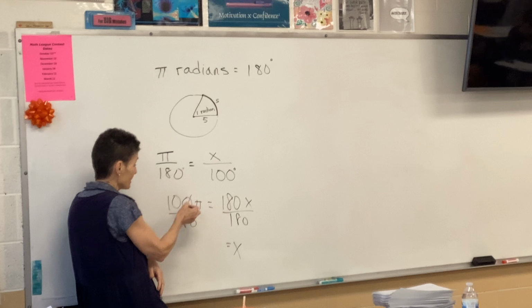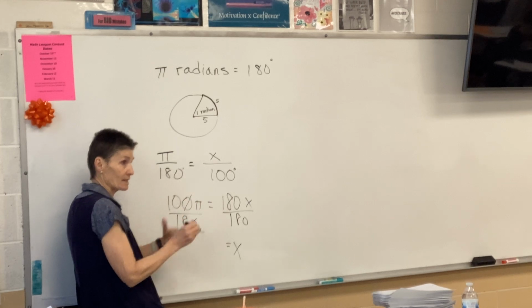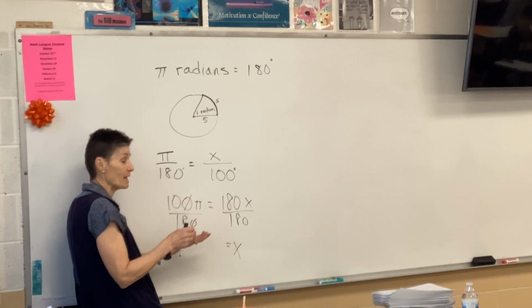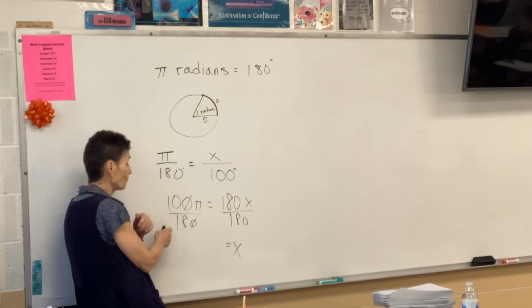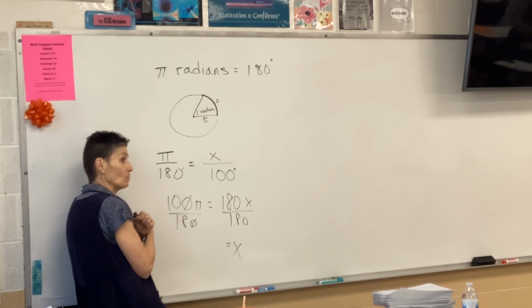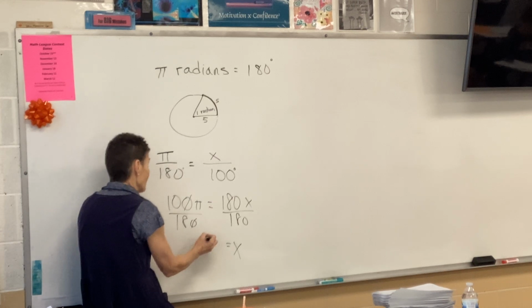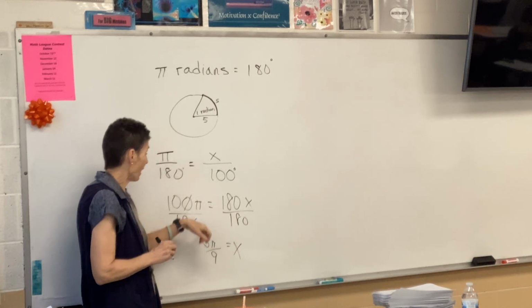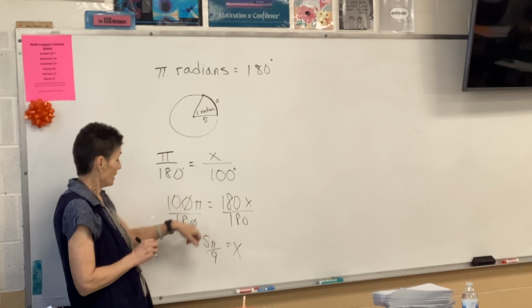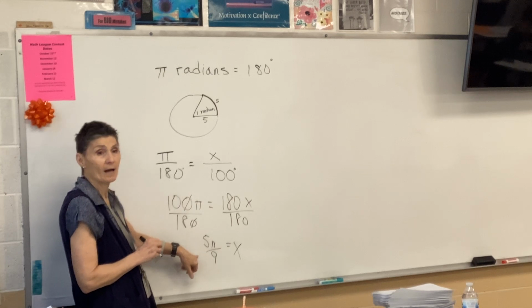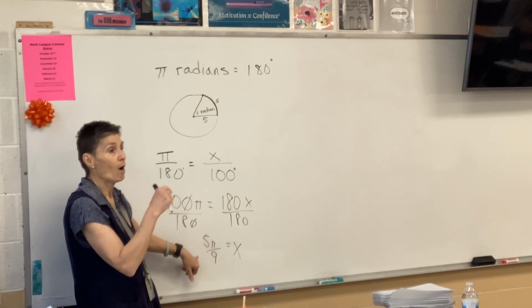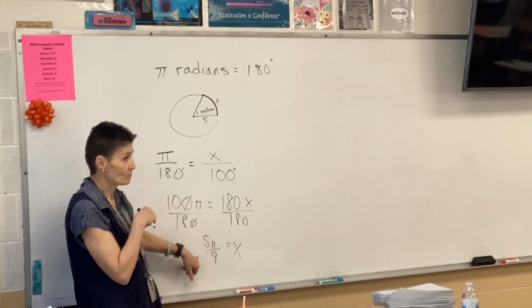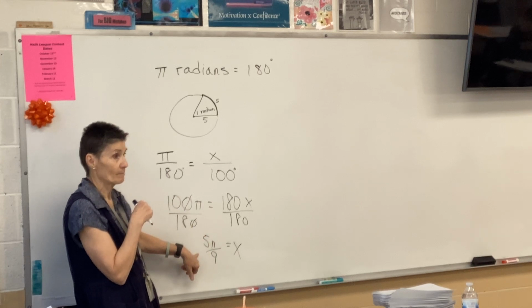So I have a 0, 0, I can cancel those out, that's like 10s, get rid of those 10s. Then I have 10 over 18, which is 5 over 9. So don't forget the pi is there, and your answer is 5 pi over 9. How many radians is 100 degrees? 5 pi over 9.